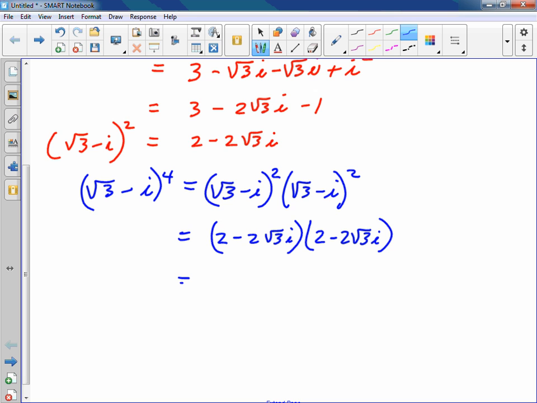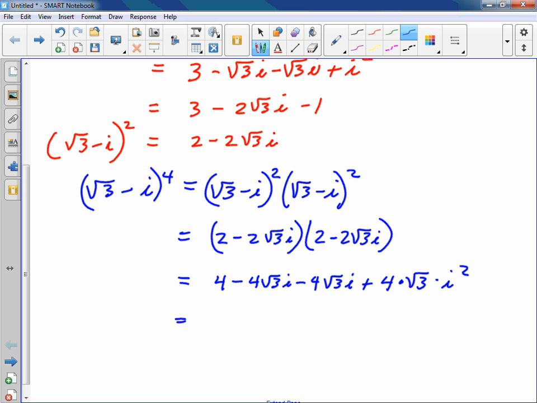So then we get 4 minus 4 square root of 3 i minus 4 square root of 3 i plus, this one's a little bit trickier, so let's go slow here. 2 times 2 is 4, negative 2. Square root of 3 times the square root of 3 is just 3. And then i times i is i squared. So you might want to stop and back that up and work it slowly.